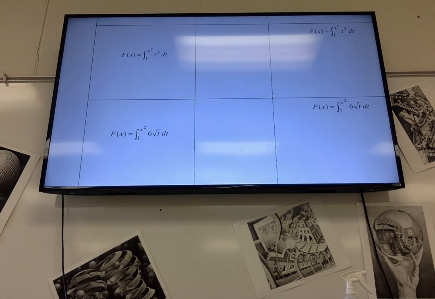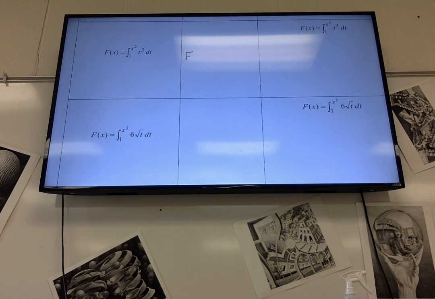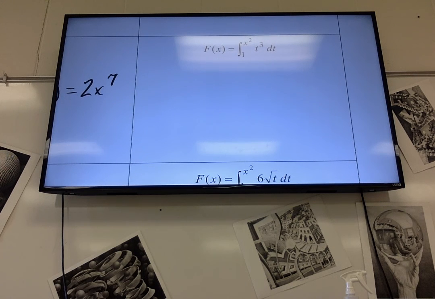Okay, the next one we did was this third one. The answer that we got from the day before was 2x to the 7th. That's what we got doing it the long way. So now the shortcut.